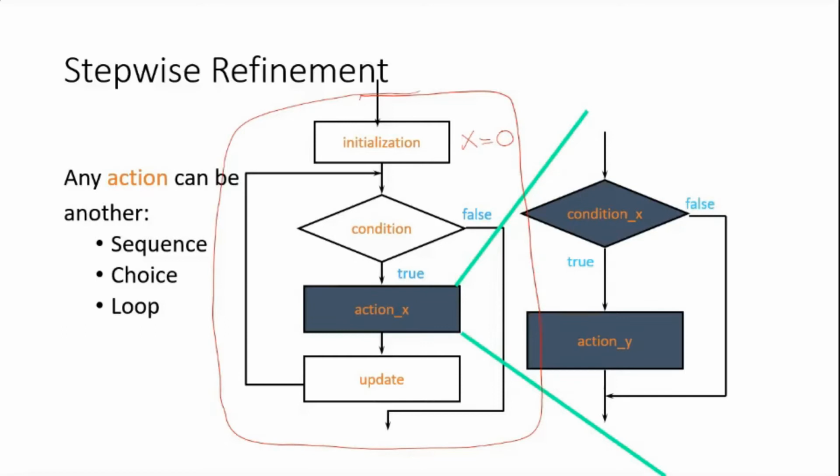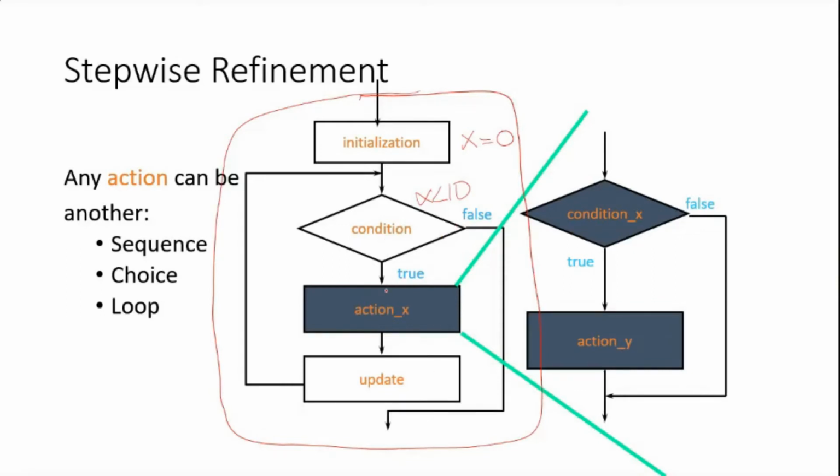That is, that particular value is given for that particular variable. That is, x is given a value 0. Then we check a condition. Say x is less than 10. That is a condition checking whether x is less than 10 or not. In the condition, it is checking whether it is true or false. If true, something has to happen. And if false, something else has to happen.